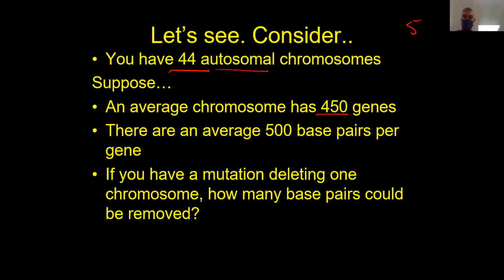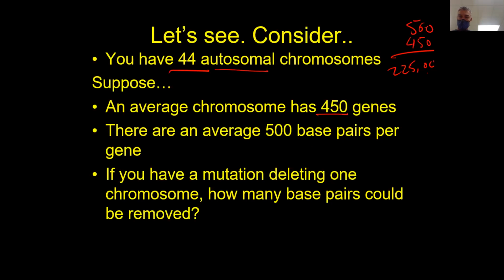So if I were to delete one of these chromosomes, I'm going to lose all of these genes. If each gene has 500 bases, then I'm going to lose a total of 225,000 bases.